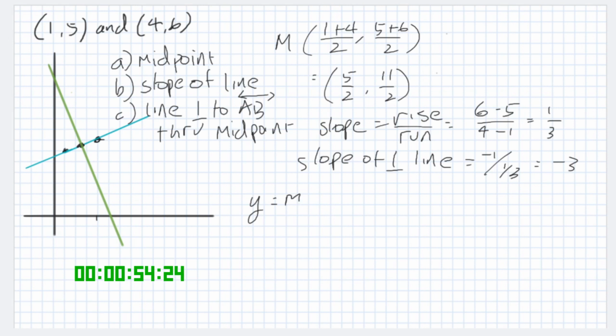A line really just consists of the slope and the y-intercept. We have the slope, and we have the x and y of our midpoint, so all that's left is to solve for b, the y-intercept. That's y minus m times x. We plug those values into y minus mx to get the y-intercept.